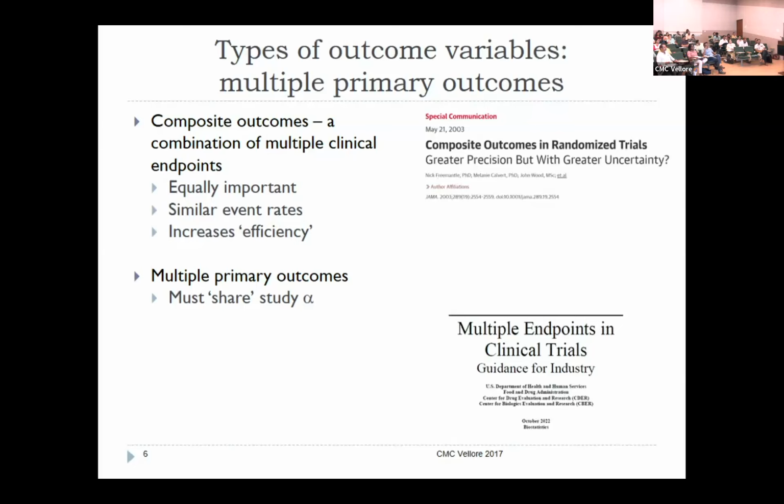Because a lot of different investigators, and especially companies, have smart statisticians working for them to try to figure out ways to get around testing multiple outcomes at the same time. So they say which thing they will accept and which they will not. If you have multiple primary outcomes, that 0.05 must be shared among them. And how you share it is an issue.